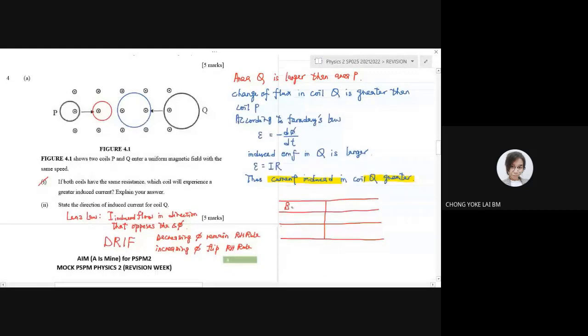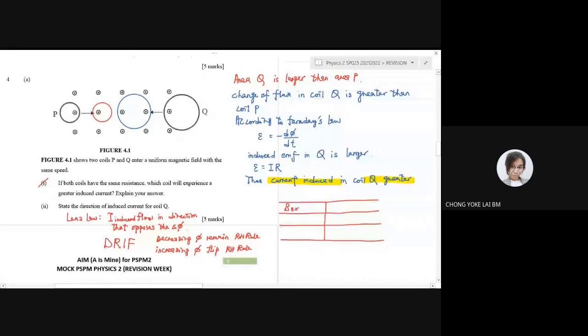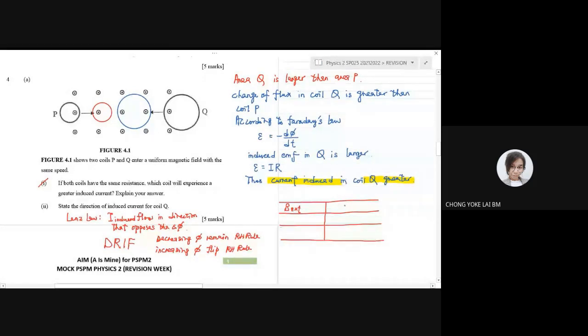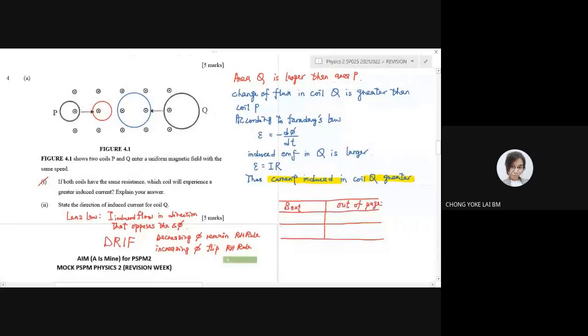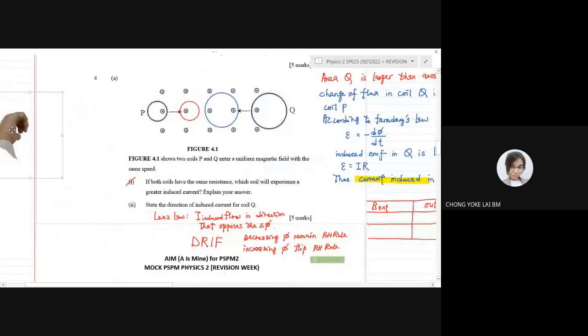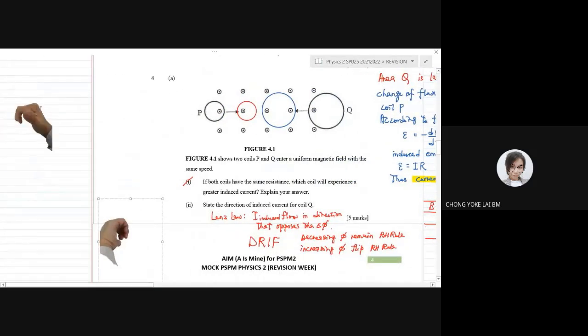Kita akan kenal pasti dulu B external. So B external, B yang asal adalah dot dot dot. So dot dot dot maksudnya out, B out of page. So kita letakkan tangan kita ikut B yang asal. So ni right hand rules kita.